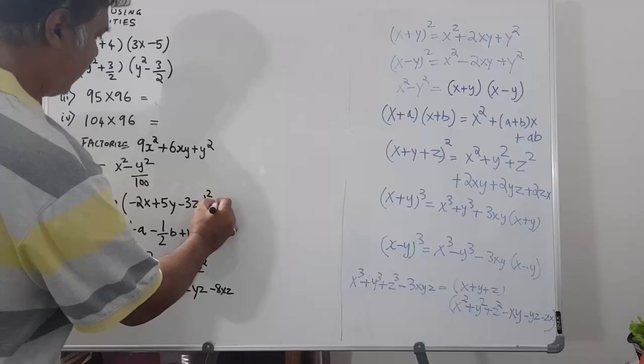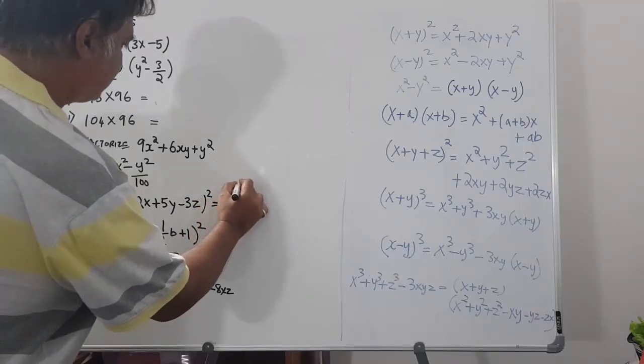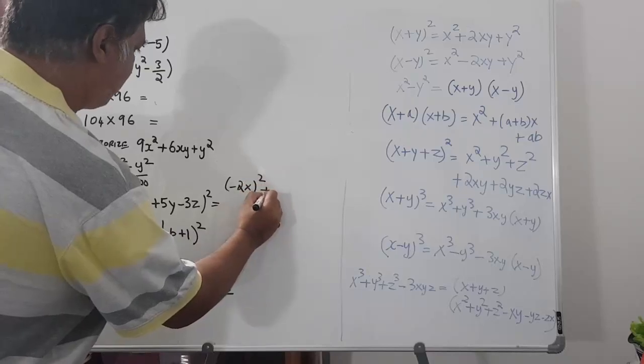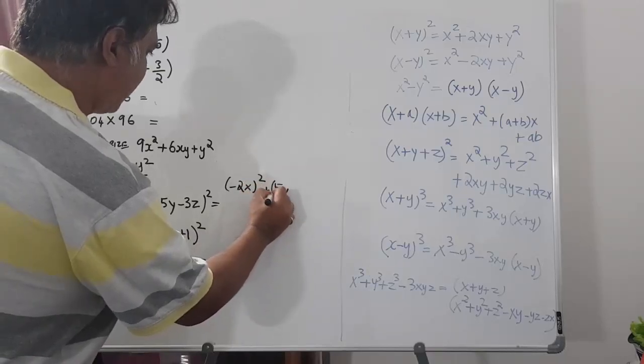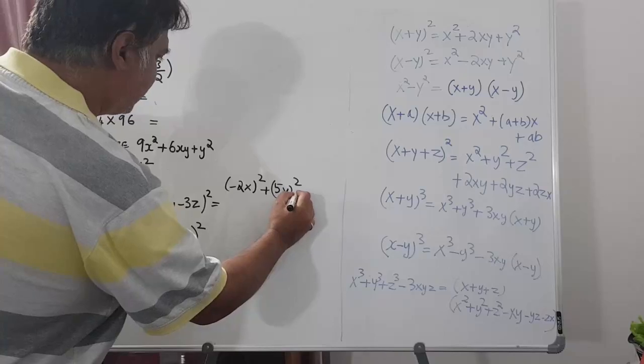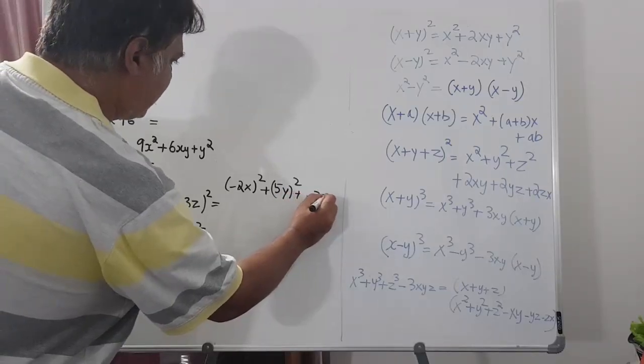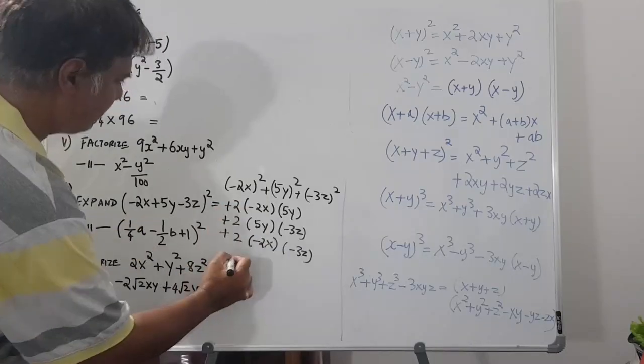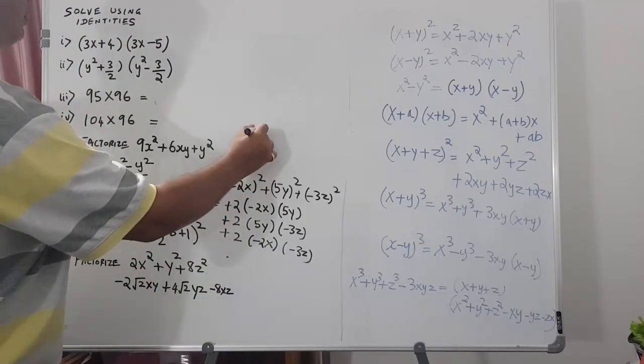So substituting the corresponding values, for x we have minus 2x, so whole squared, and for y we have 5y, again whole squared, and instead of z we have minus 3z, again whole squared, plus simplifying it further, I'll just write it up here.